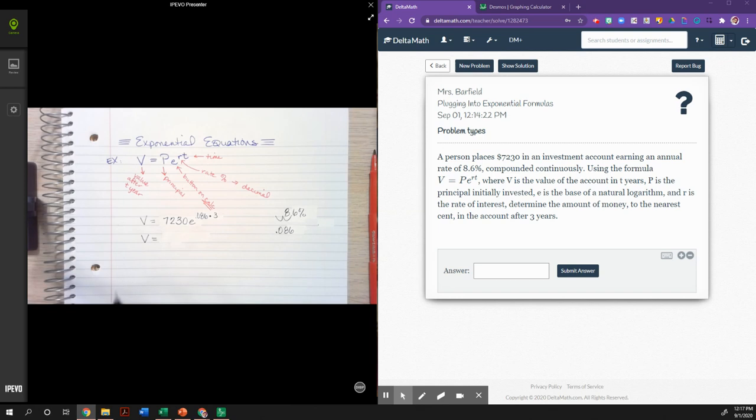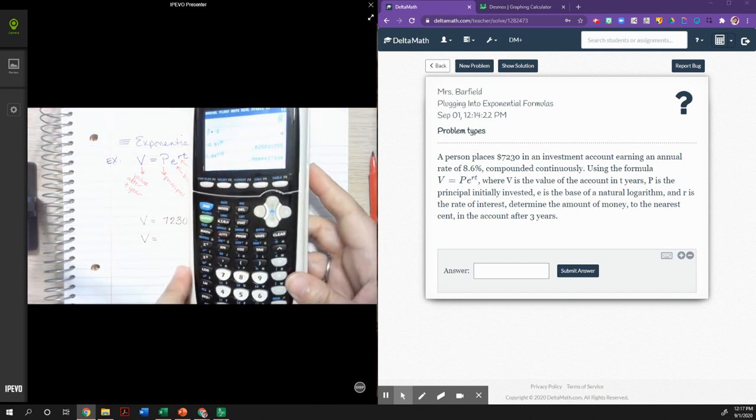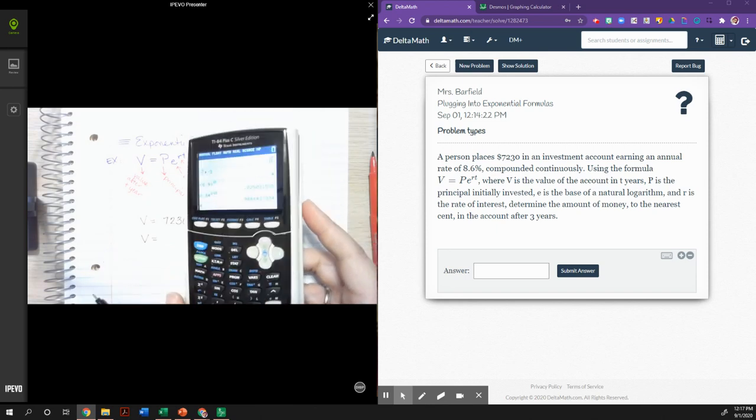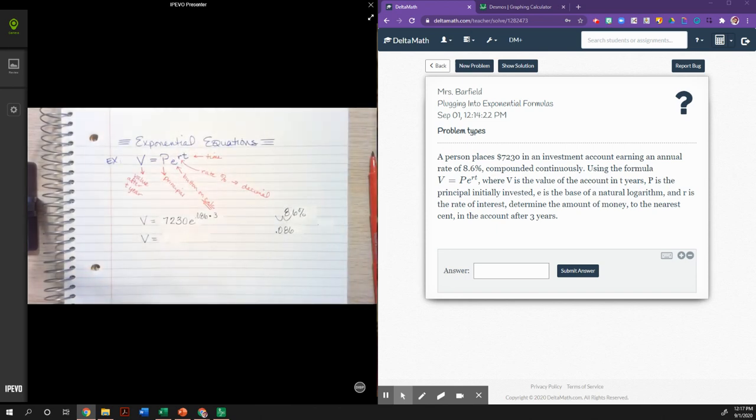Okay, so now I need to type this stuff into Desmos. So what does that look like? If you have a graphing calculator like mine, your e button is above your division symbol, and you have to type second e so it comes up correctly. But in Desmos, you just type it in.